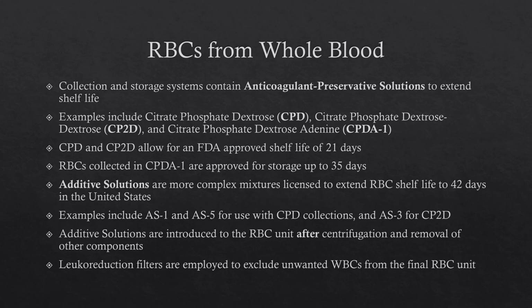CPD and CP2D, both of those get you, just with the anticoagulant preservative, a shelf life of 21 days. If you use the enhanced CPDA1, that blood has a shelf life of up to 35 days.